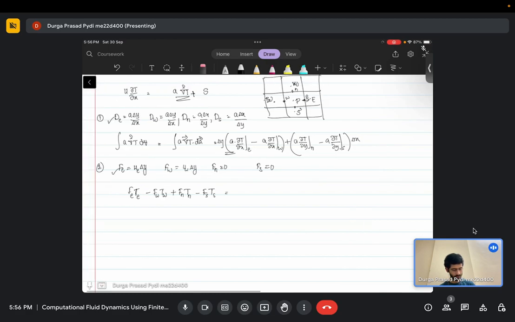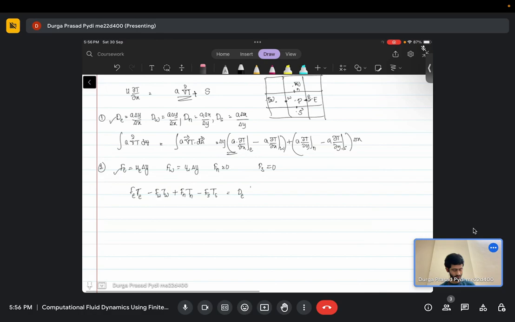This will be written in terms of D east, T capital E minus TP, plus D west, T west minus TP, plus D north, T north minus TP, and then on the south face. And then we have a source term. This source term should be evaluated at P, so I'm just writing SP delta x delta y.